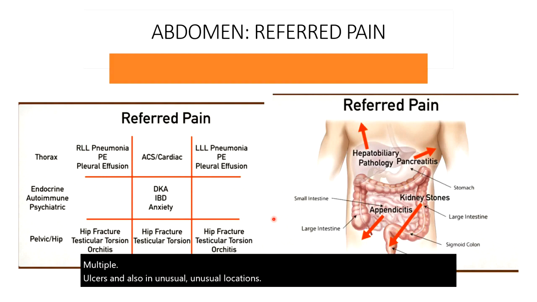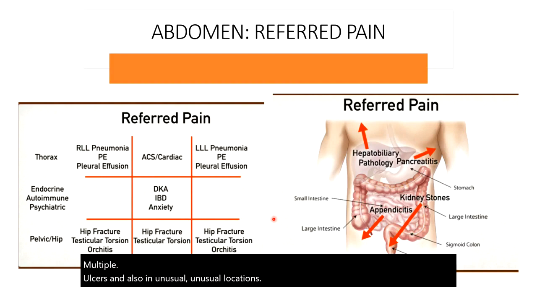Also, appendicitis will start with a peri-umbilical pain, and then it will localize in the lower right quadrant.